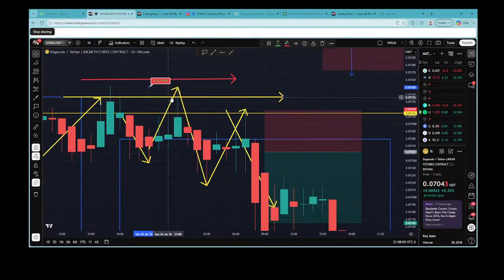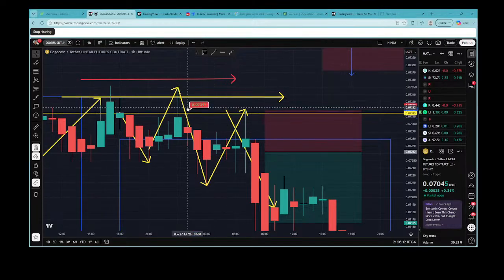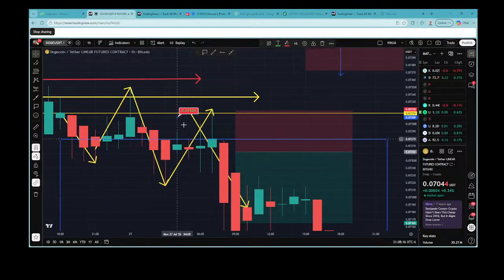So now I have to start looking for lower levels for entries. I'm chasing an entry, but I'm not jumping. I'm still waiting for a bounce. So if I see the bounce start to happen here where it goes sideways and bounces, and then it's red and it bounces here, then I'll probably jump in here. That's how you work your way down.